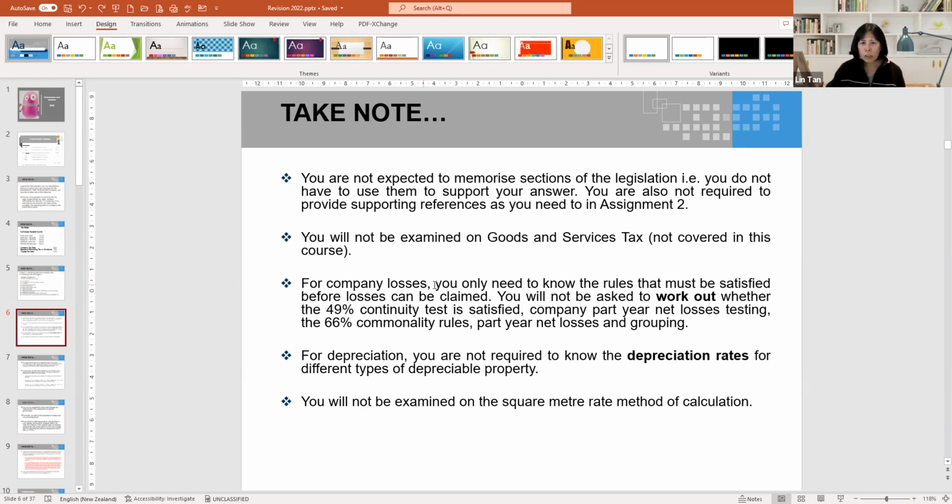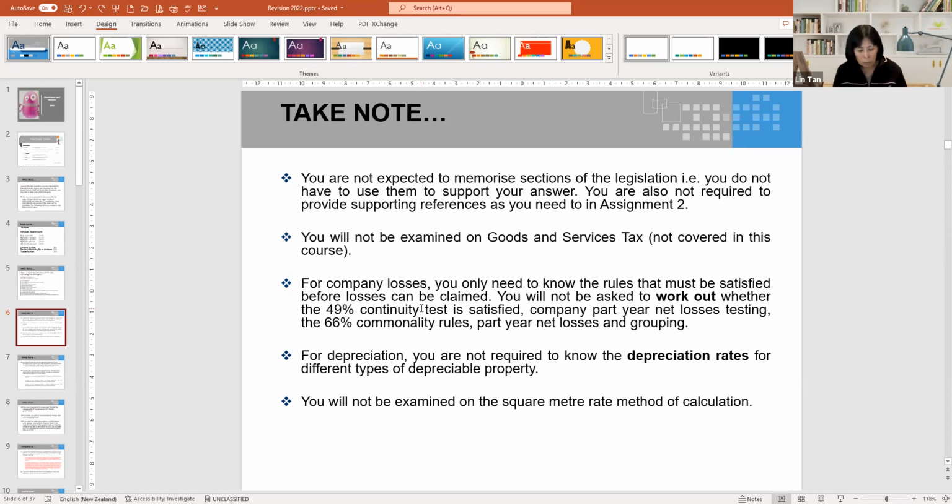Now, for losses, we did cover company losses, and we did have a look at the extra tests that need to be satisfied before they can claim those losses, either in future years or against another company in the same group.